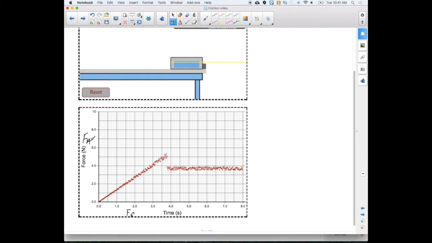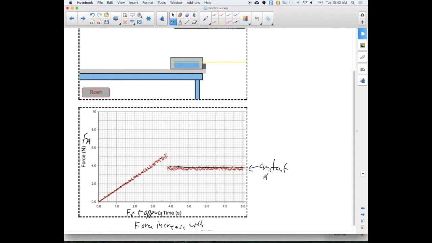And as time goes on, the force is increasing. Force increases with time, and you see the opposing force, so this is force applied versus the force that opposes it, it increases. And then it gets to this point where we have a constant force.